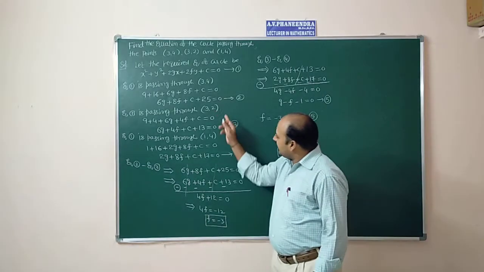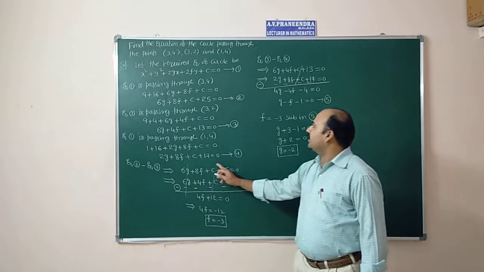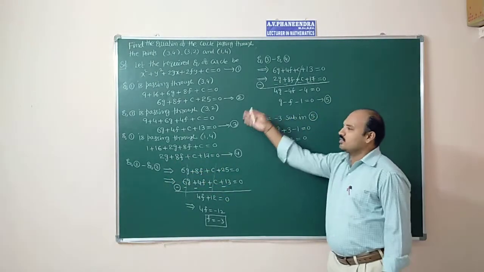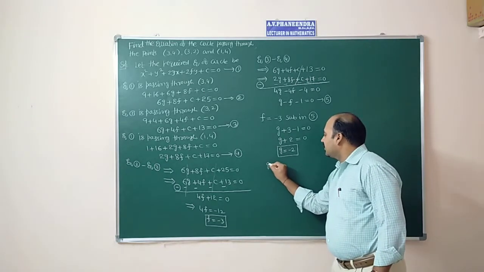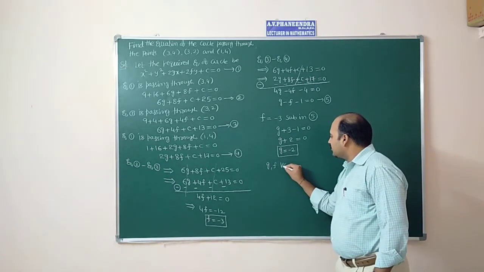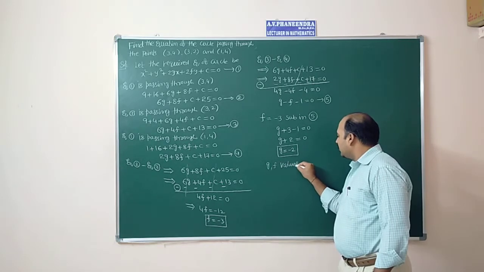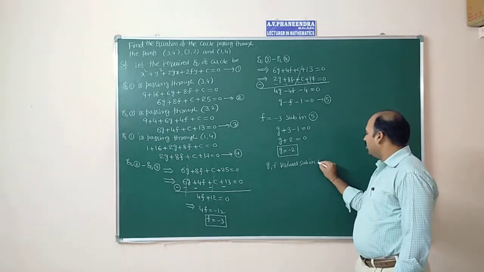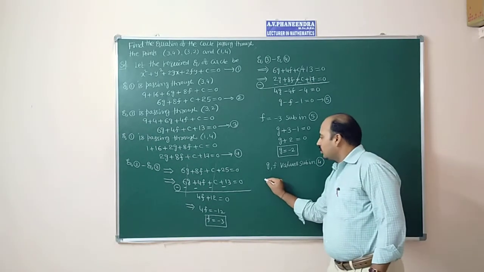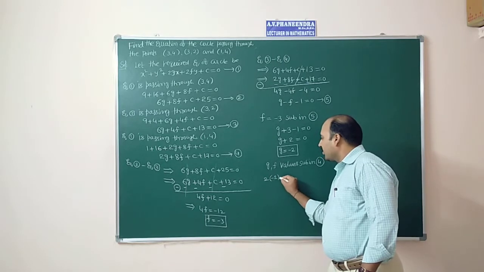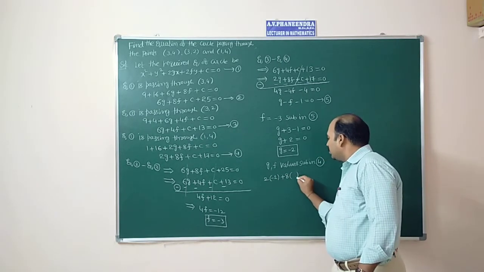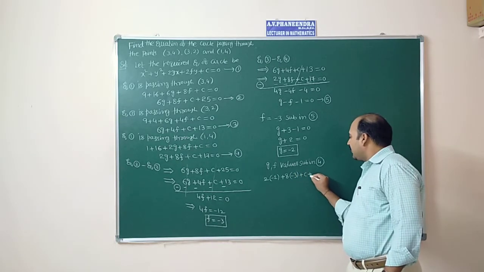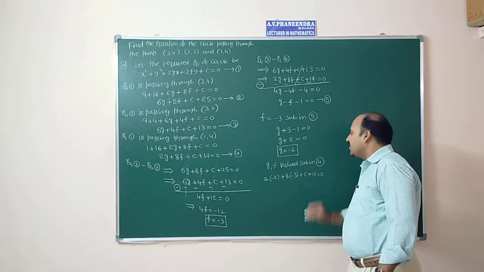Among these three equations, this equation contains small values 2, 8 and 17, so substitute g, f values in equation 4. So 2 into minus 2 plus 8 into f value, minus 3, plus c plus 17 equal to 0.